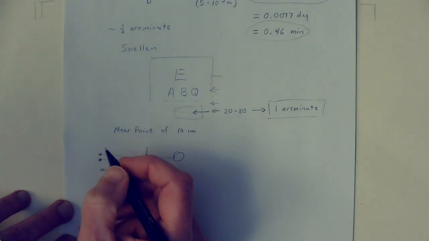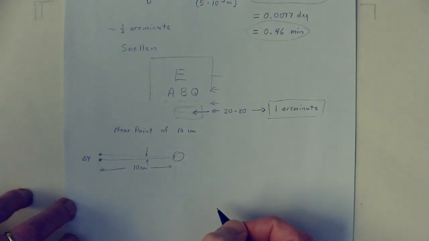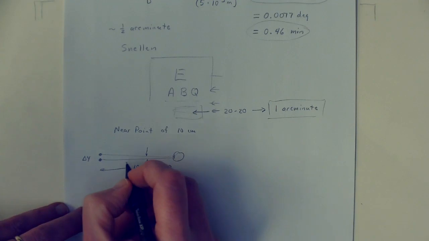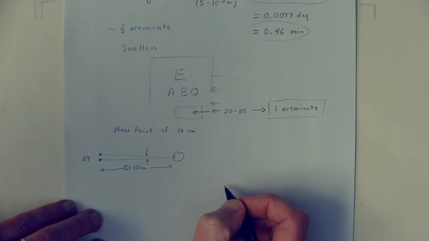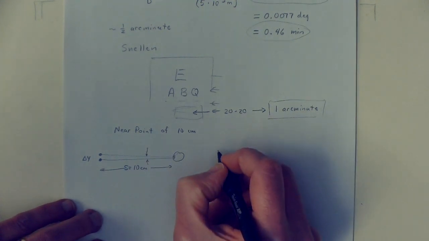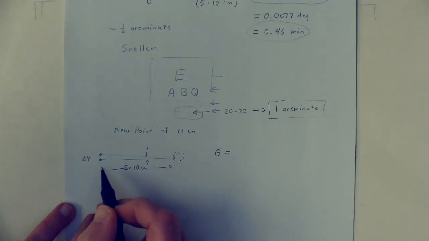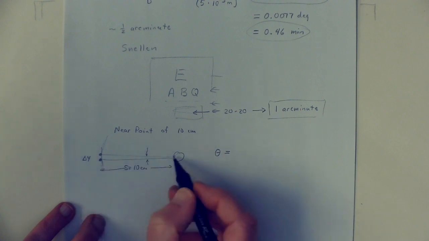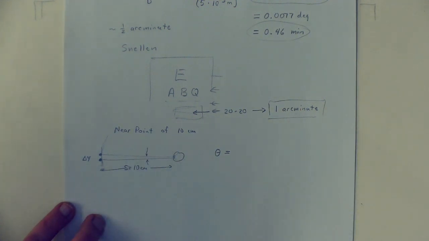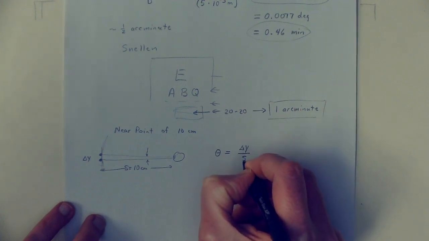So let's call this a delta y that we're trying to calculate, a difference in y position. And out here is a distance, I'll call this s, which is 10 centimeters. Then this angle, we'll still call this angle theta. Theta, for small angles at least, is again just the distance around the arc divided by the radius. That's how we defined an angle in radians. So we could write this as just delta y divided by s.